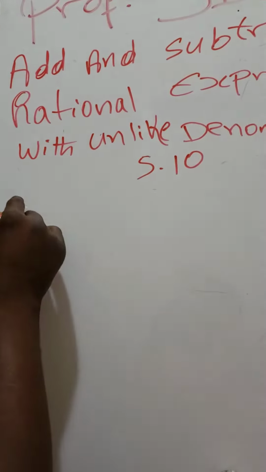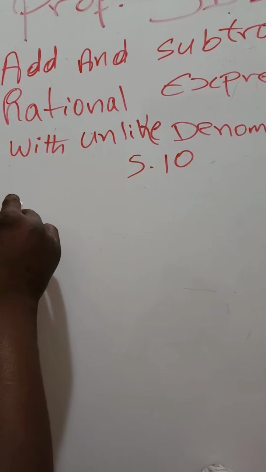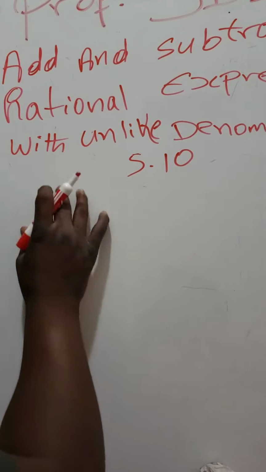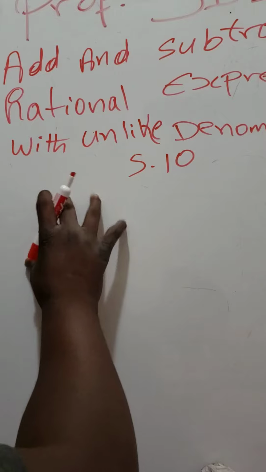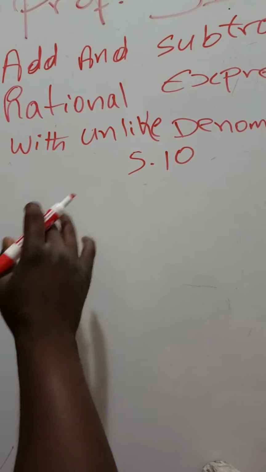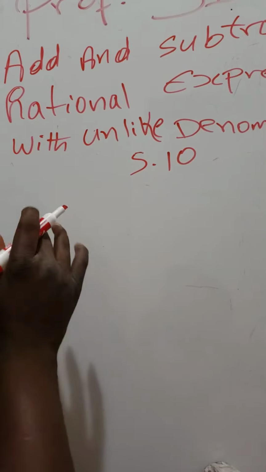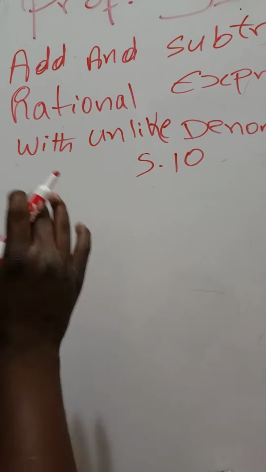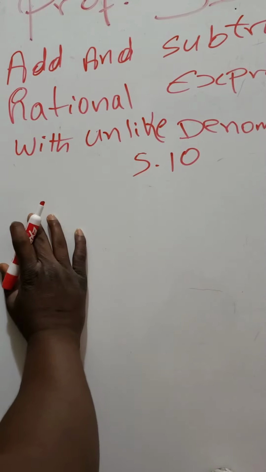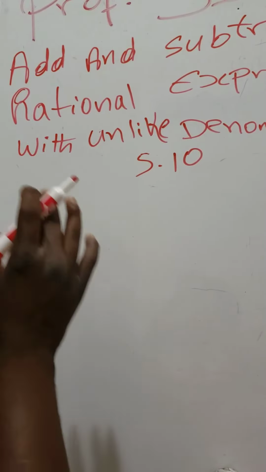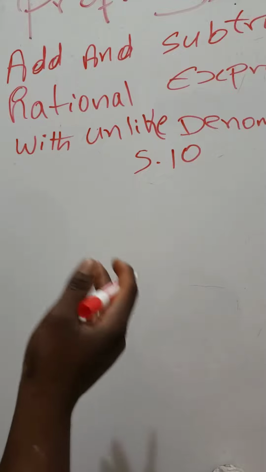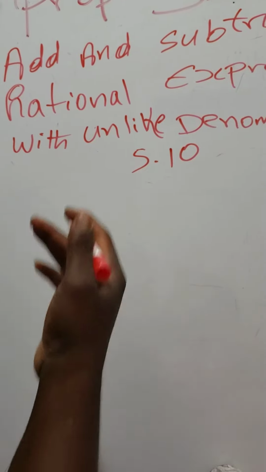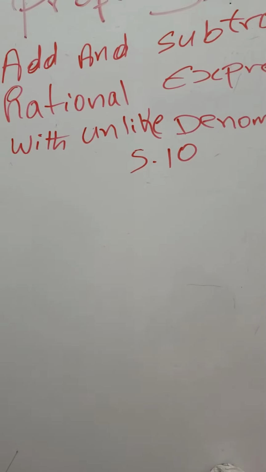Step one, you have to find the common denominator, which we had earlier, but this time we have to find it. Step two, we have to convert to equivalent fractions. Step three, we have to add or subtract and then simplify, as we've been doing for the last few.